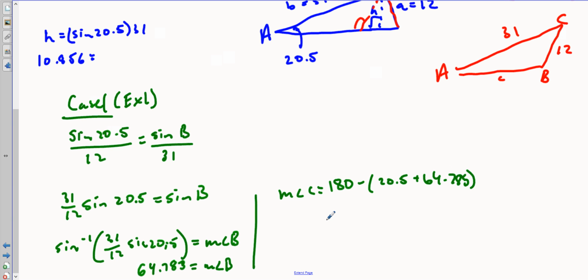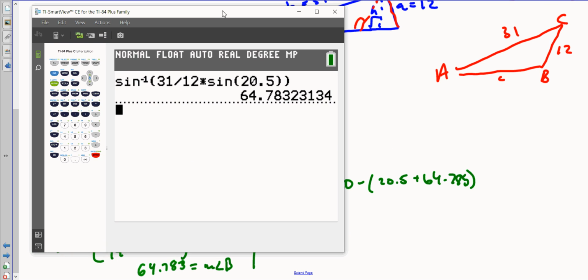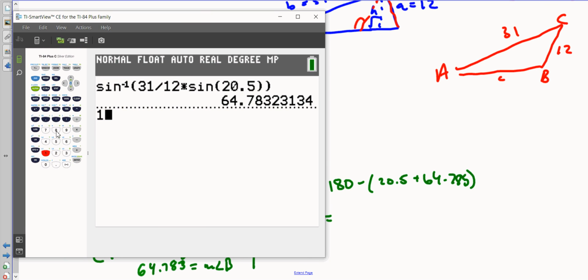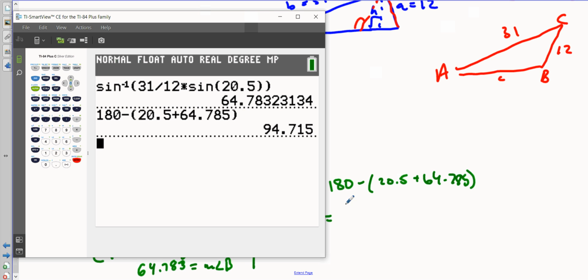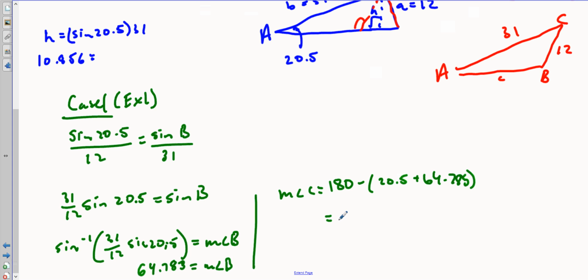If you take out your calculator again, you can put it in there: 180 minus the quantity 20.5 plus 64.783. Press enter, and then we have 94.715. And that is in degrees.